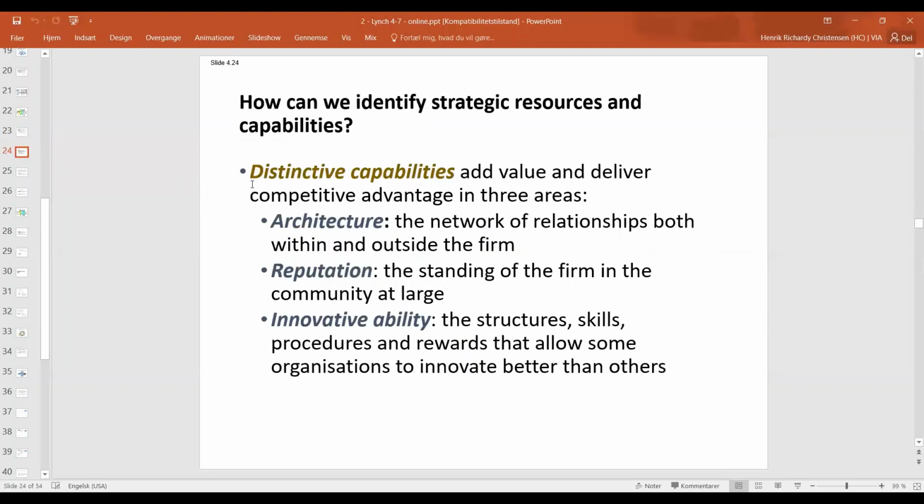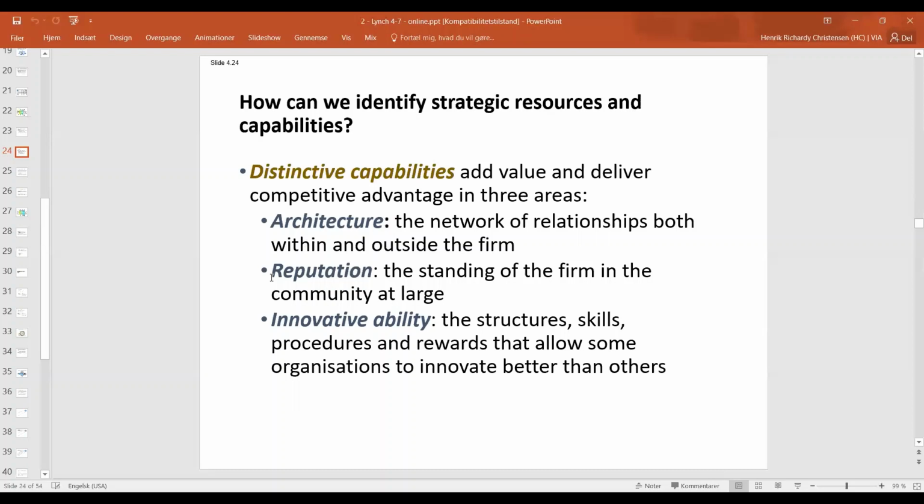So distinctive capabilities add value and deliver competitive advantage in 3 areas. And that's what Kay says. He says, if a company has a network of relationships, both within and outside the firm, then he would say that's architecture, and that architecture is something that creates value to the company.